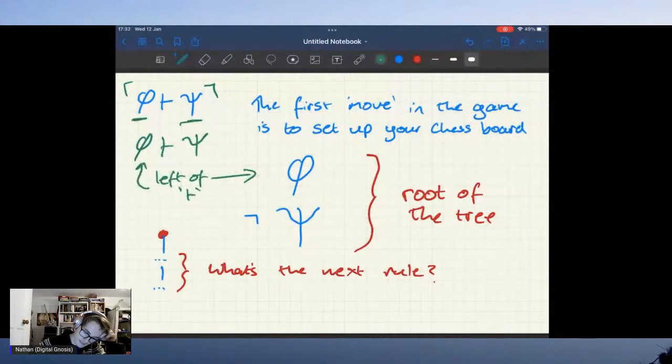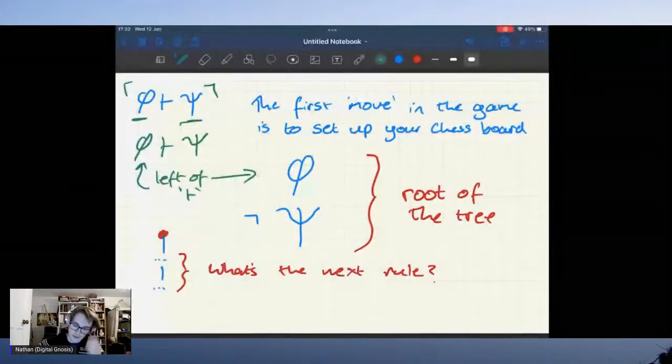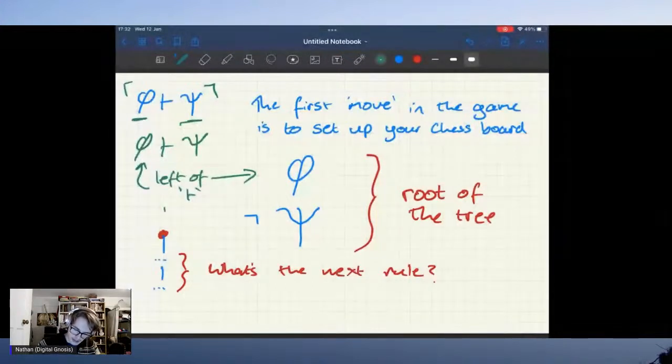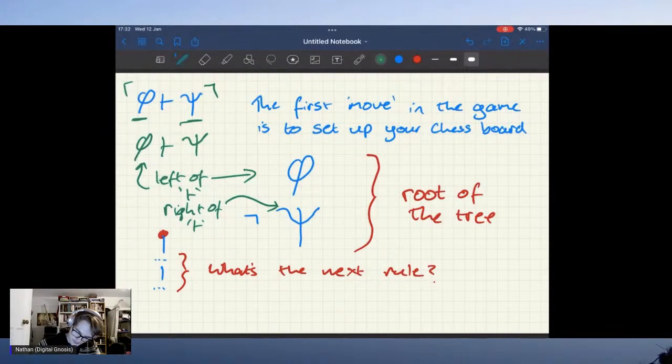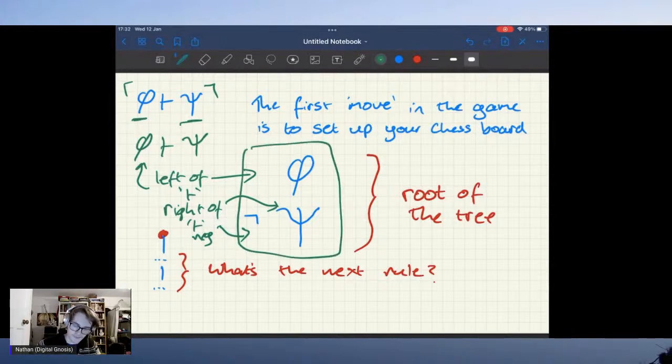So that's this thing. And then we write down what's to the right of our entailment symbol. That's this thing, but we negate it. Okay, so that's our root node for the tree, this whole thing.